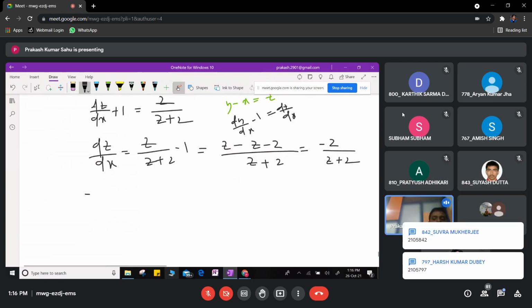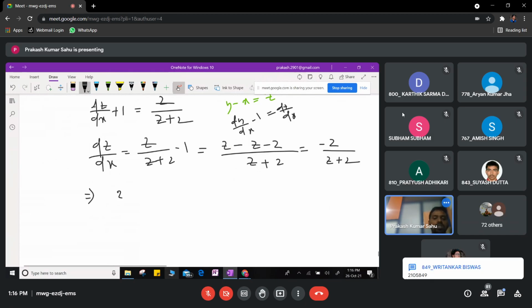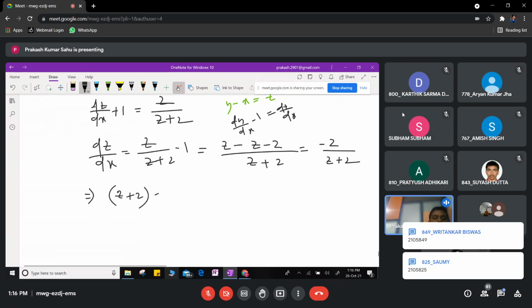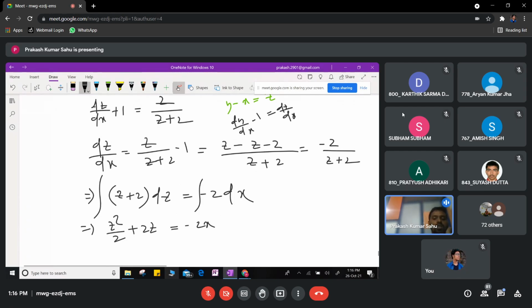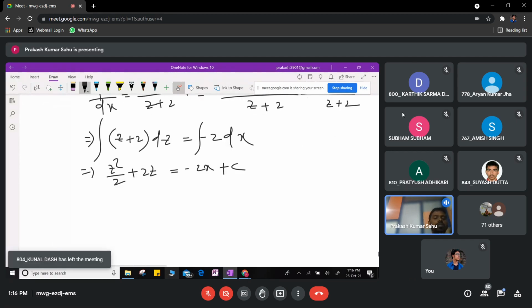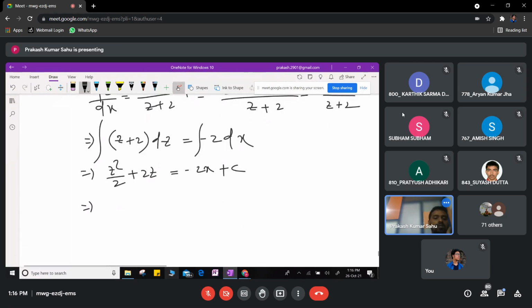And again if you integrate, what you get is z plus 2 dz is equal to -2 dx. So now integrate both sides: z square by 2 plus 2z is equal to -2x plus 6. Now put the value of z back; our z is y minus x. So (y minus x) square divided by 2 plus 2 into (y minus x) is equal to -2x plus 6.